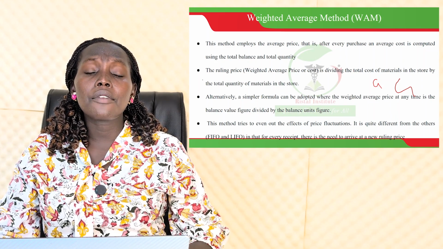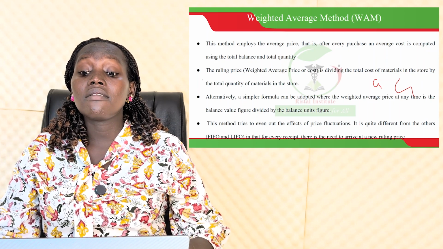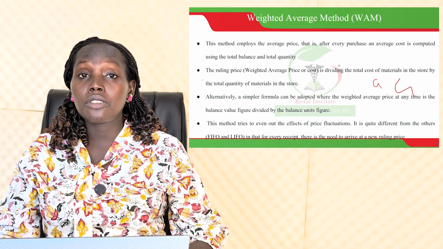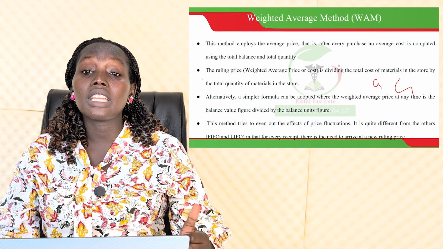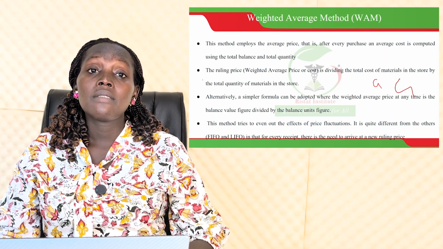The ruling price, that is the weighted average price, is obtained by dividing the total cost of material in the store by the total quantity of material in the store.